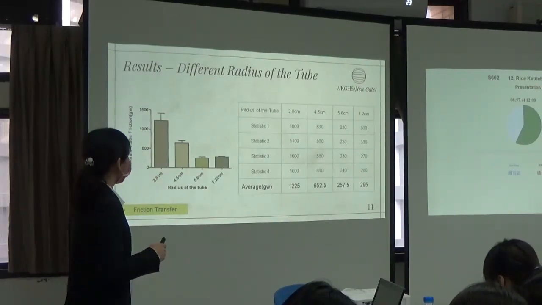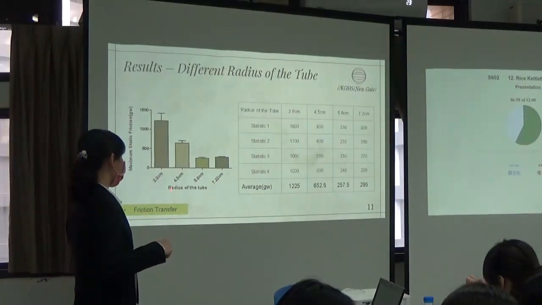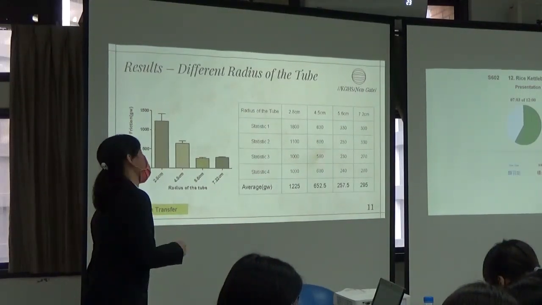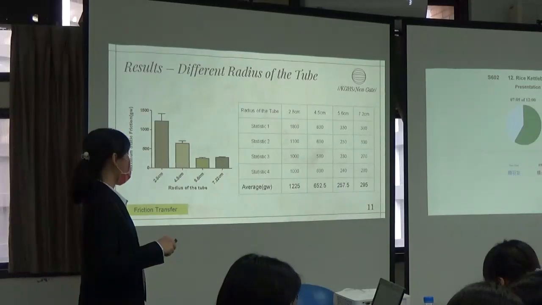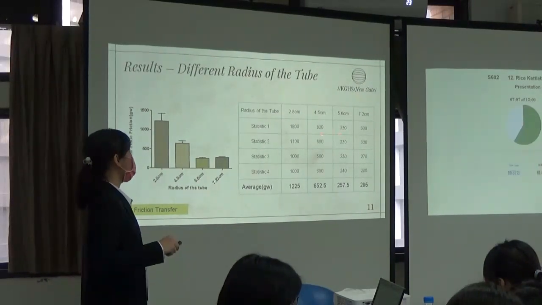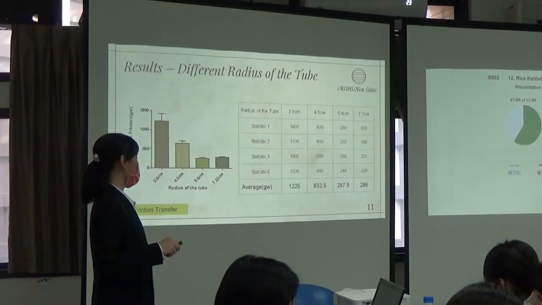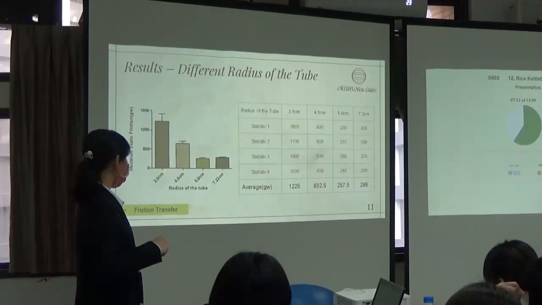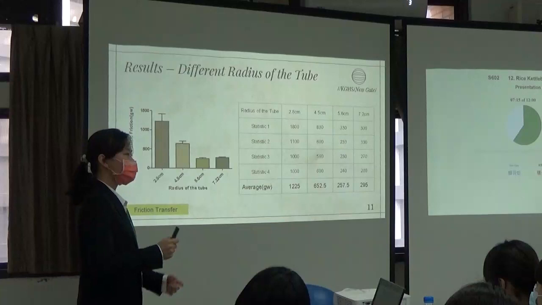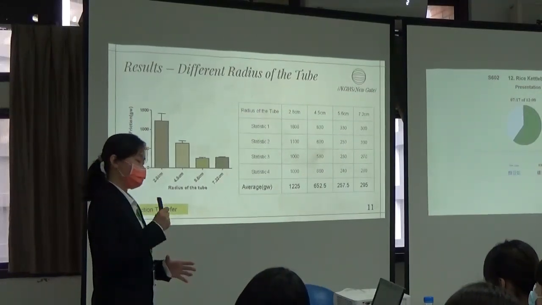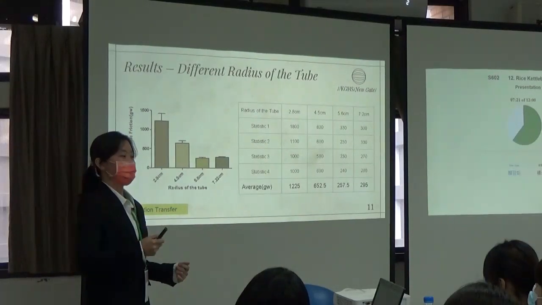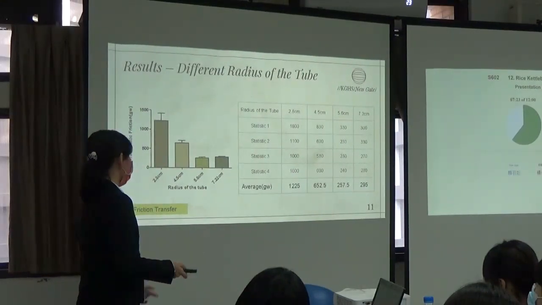Our third experiment uses different radii of the tube, which are 2.8 centimeter, 4.5 centimeter, 5.6 centimeter, and 7.2 centimeter. After calculating, we found out that 2.8 centimeter needs the biggest force to get the stick out of the vessel, which, like I just mentioned, means that it can pick up the biggest mass of the system.